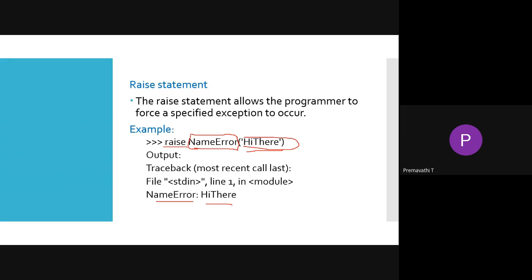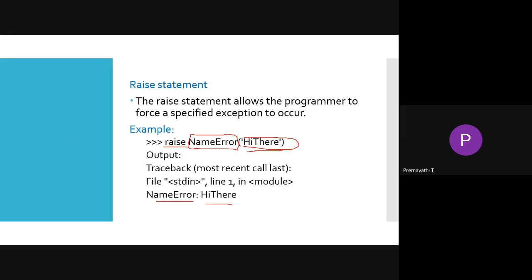If you need to determine whether the exception was raised but do not intend to handle it, a simpler form of the raise statement allows you to re-raise the exception. Re-raise the exception.